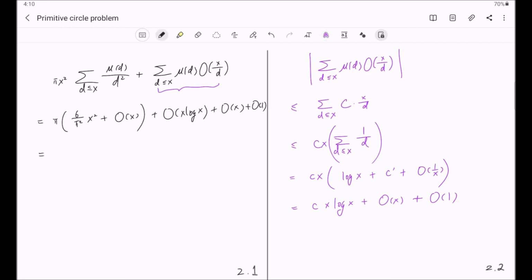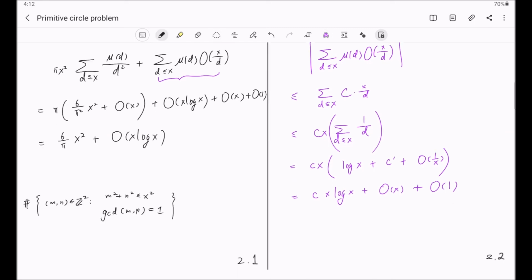Pi times 6 over pi squared will be 6 over pi, and we multiply this by x squared, and we combine all the others. The one that has the fastest growth is the big O of x times log of x. So this is the asymptotic formula we obtained for the primitive circle problem.